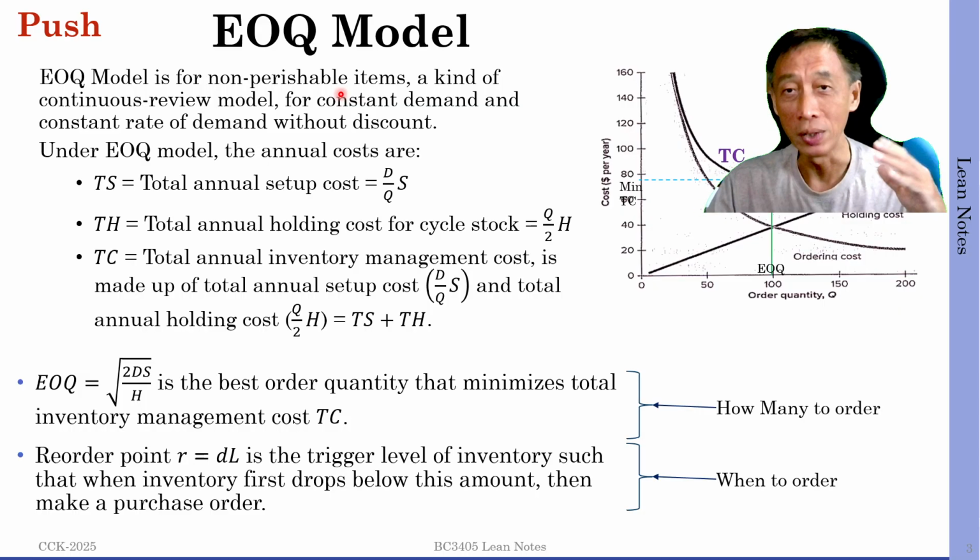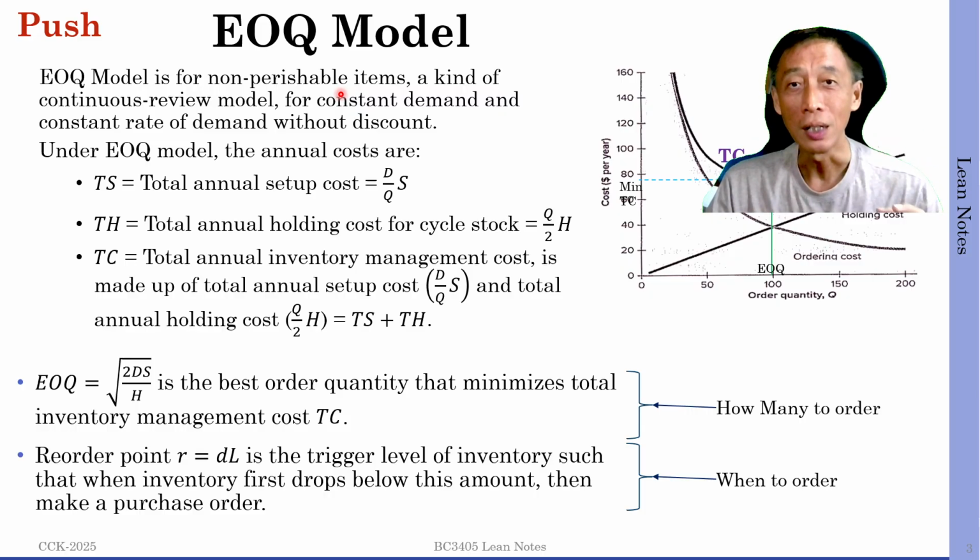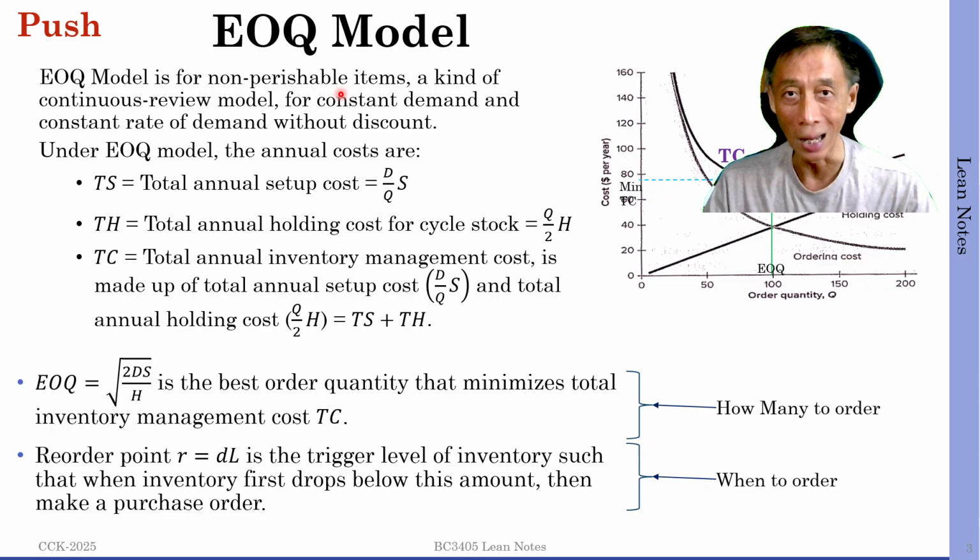For example, when we have Q items, and after the triangle, we have another replacement of Q items, all of this will be valid. Because if not, then before we finish selling, we have to throw away half of them. That's not due to selling, that's due to perishing of the goods, and that will make all the formulas invalid, because you don't know how to predict the perishing inventory.